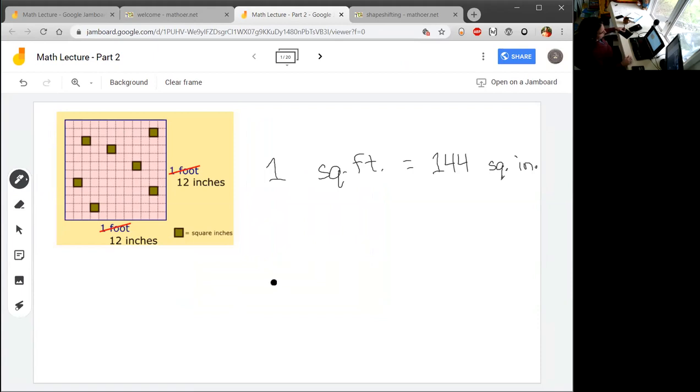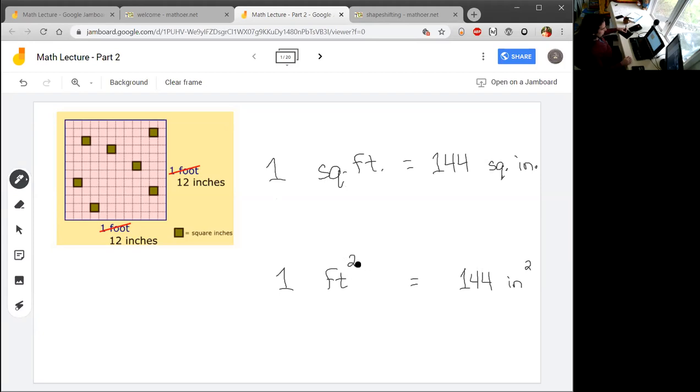Some people are fancy and want to write this as 1 square foot with an exponent is 144 square inches with an exponent. So if you want to do that, you can. I'm always going to write square, just SQ period.